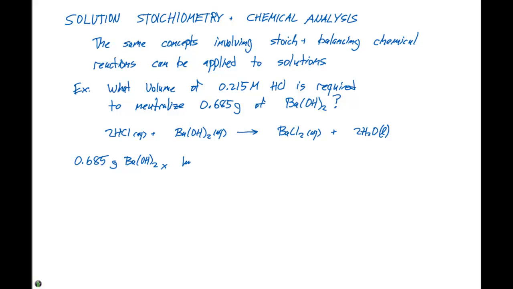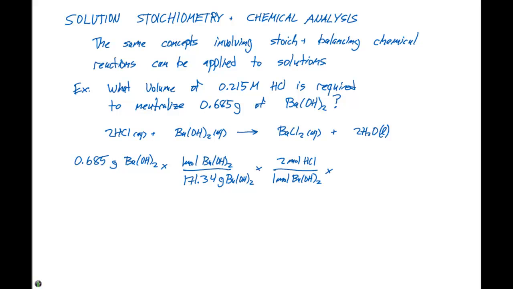We know from the periodic table that 1 mole of Ba(OH)2 is equal to 171.34 grams of barium hydroxide. We know from our balanced chemical equation that for every 1 mole of Ba(OH)2, we need 2 moles of HCl in order to neutralize this.